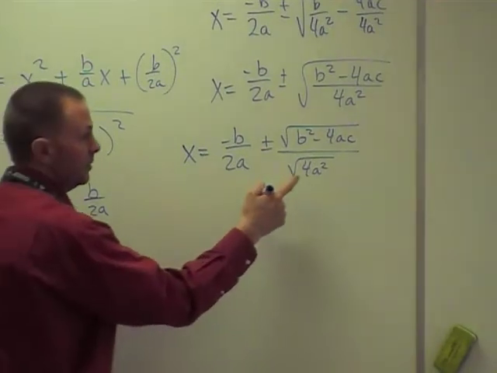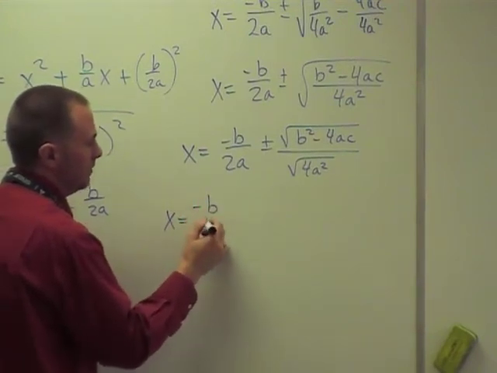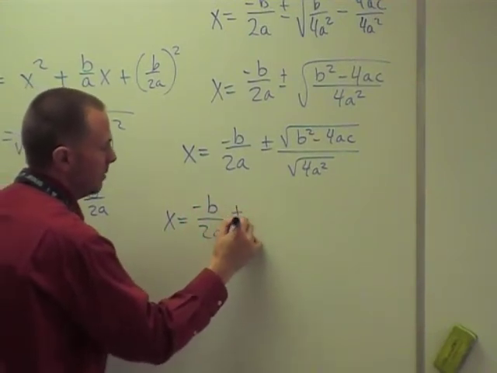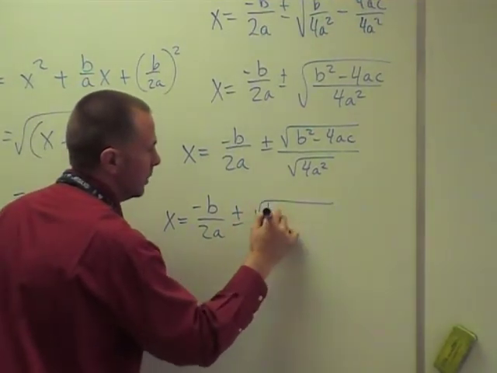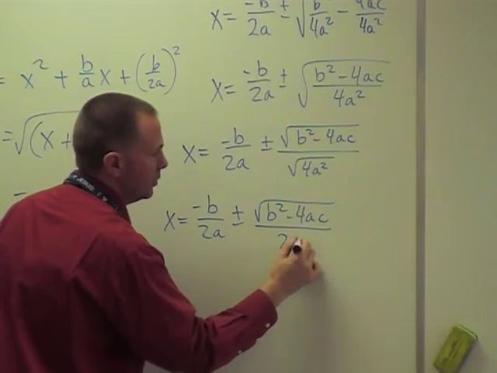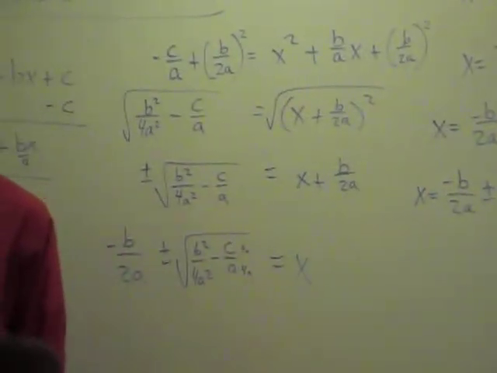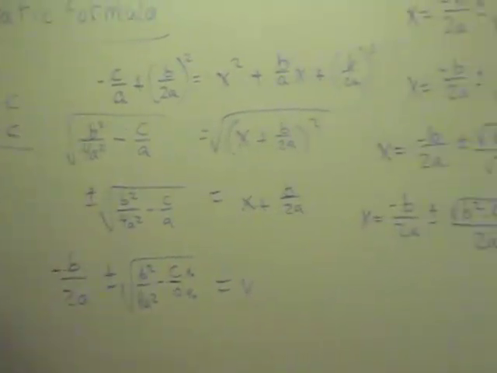So now, x equals the opposite of b over 2a plus or minus the square root of b squared minus 4ac, that is now over 2a without the radical. The square root of 4 is 2, the square root of a squared is a.